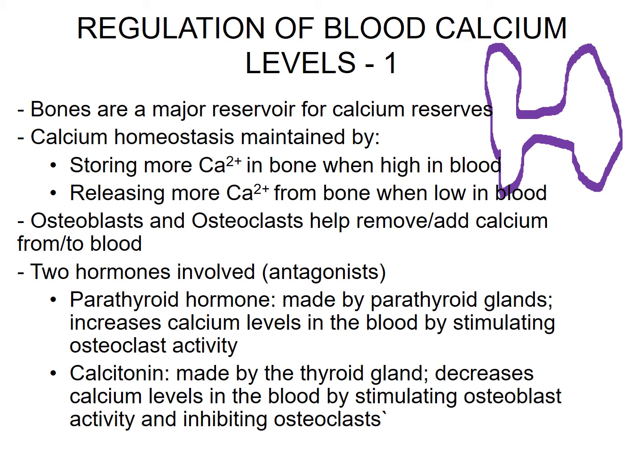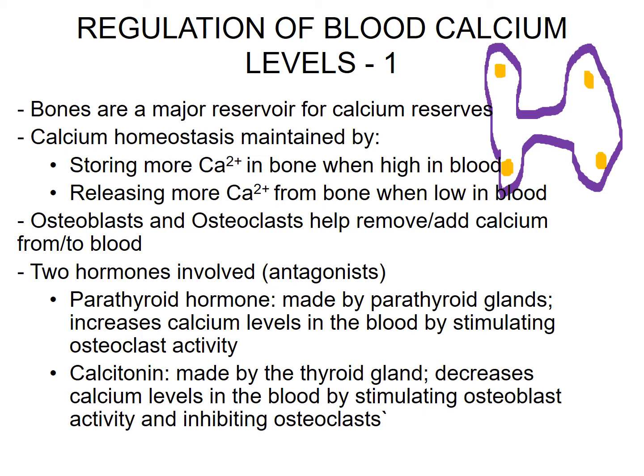Now on the backside of the thyroid gland, we have multiple glands in the lobes or the corners, and those are called parathyroid glands. They work separately. They're just renting space on the thyroid gland, but they do something totally different.